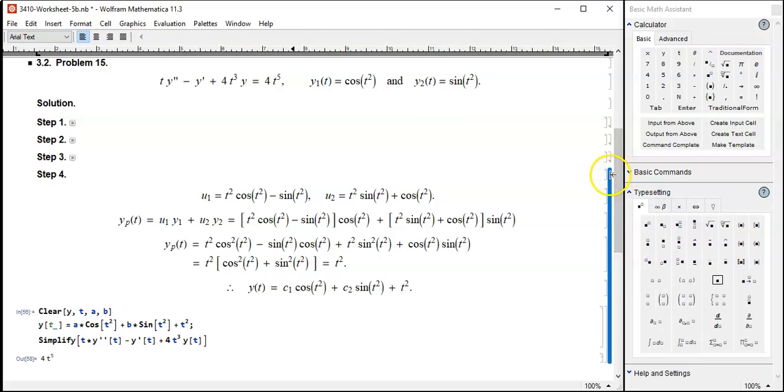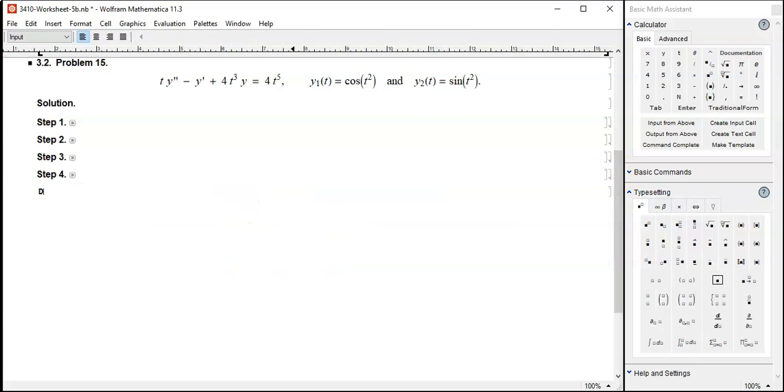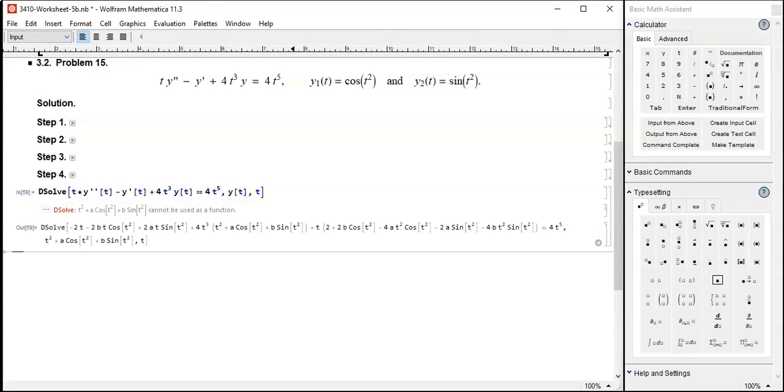One more check. Solve t times y double prime of t minus y prime of t plus 4t cubed y of t equal to 4t to the 5th power, and then find the function.